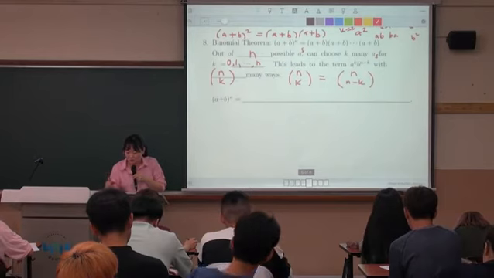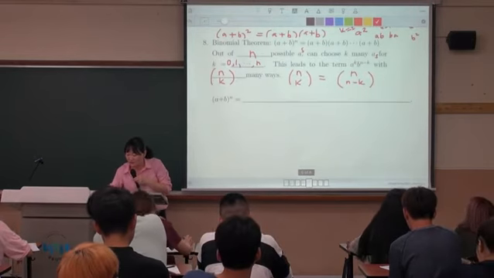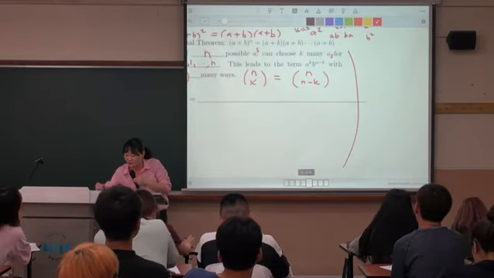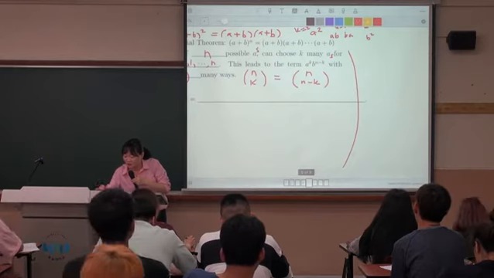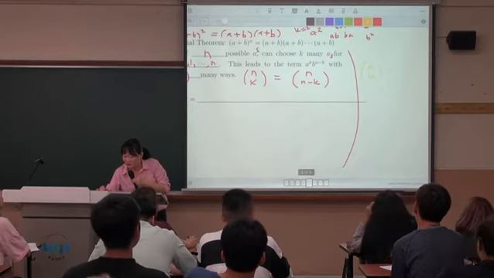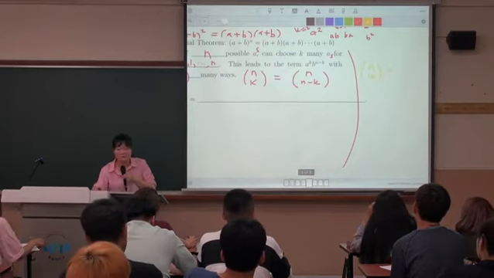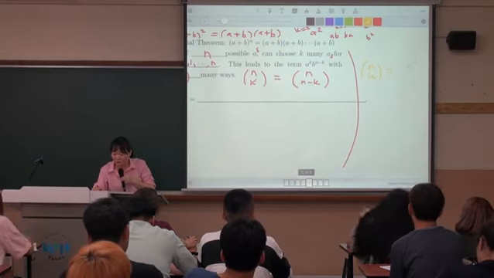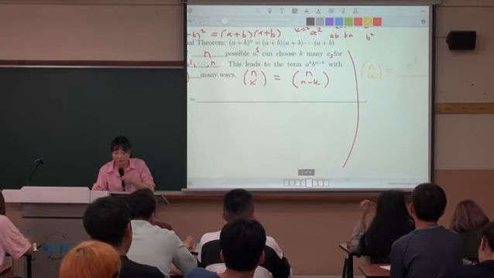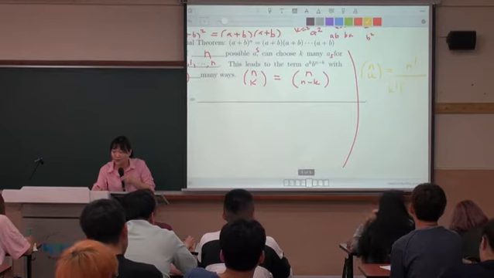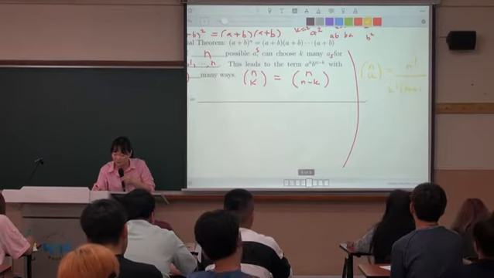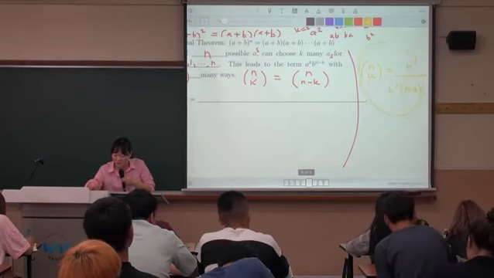So these are equal. And what is the definition of n choose K? 는 n factorial over K factorial times n minus K factorial. So please memorize.